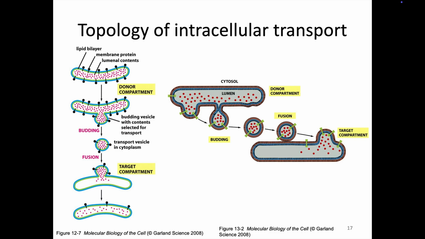And you can also see the way that we move things between different parts of the biosynthetic secretory pathway. So what will happen is we will have a little vesicle bud off of one compartment and then eventually fuse with the other compartment. So basically we're carrying stuff from one compartment to another.